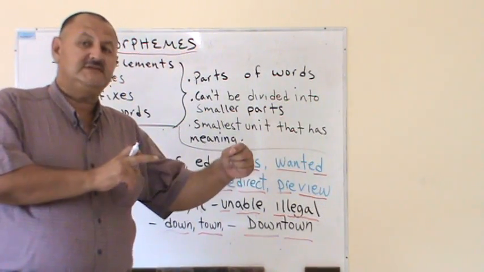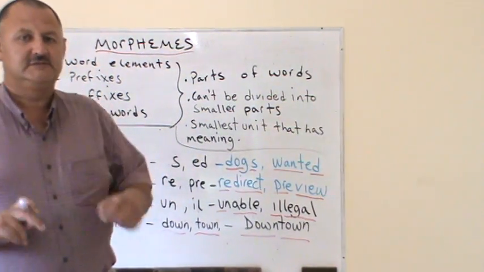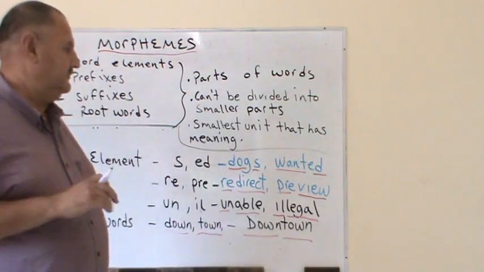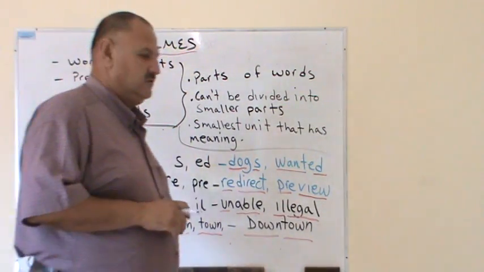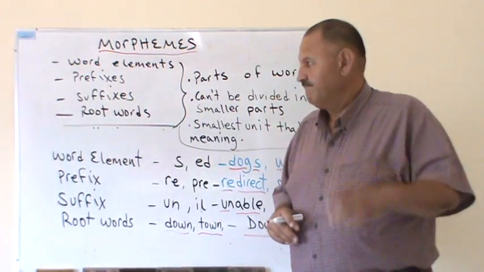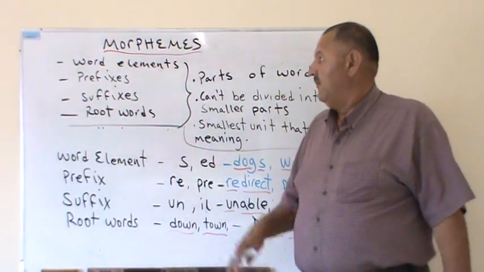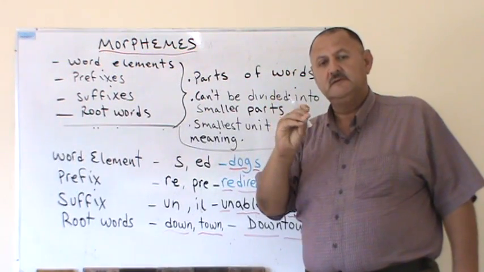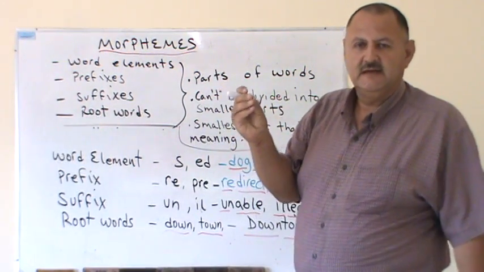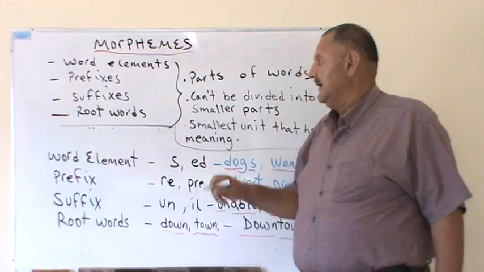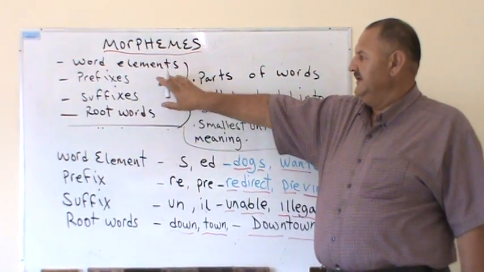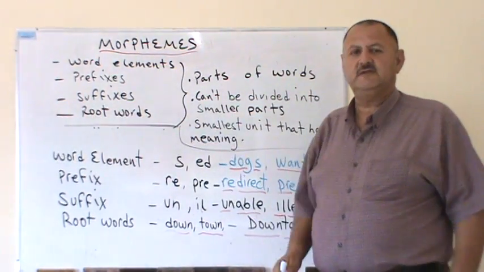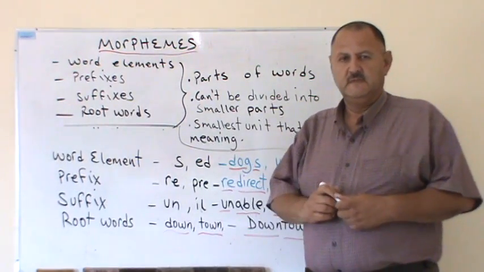But morphemes are not necessarily words. Don't get confused. So again, let's wrap this up. Morphemes are the smallest unit that has meaning. They can't be divided into smaller parts. And they're usually word elements, prefixes, suffixes, and root words.